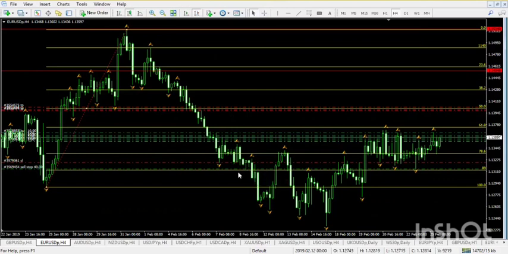So when your 89 level breaks, you see these are important points. When your 89 level breaks, don't expect it to retrace at the 100 level all the time. Whether the 100 level is on the top or the bottom, it's going to go a little bit further than 100 and then retrace.